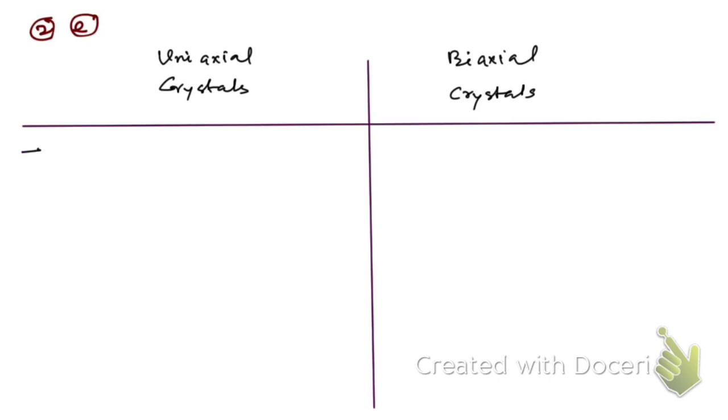Uniaxial crystals have one optic axis, and biaxial crystals have two optic axes.